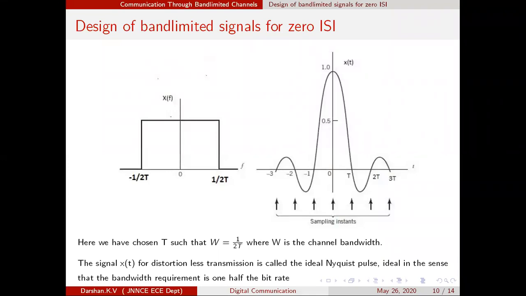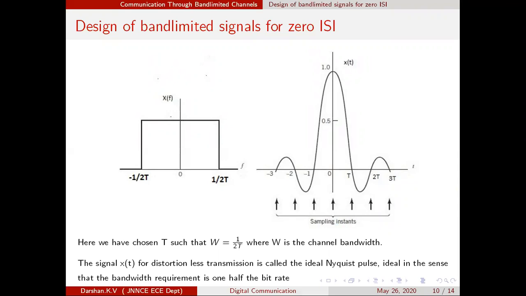Therefore T is associated with the transmitter also. What happens at the receiver? T refers to the sampling instant. At every T seconds you are extracting one sample at the receiver. So T is that quantity which is related to both transmitter and receiver.